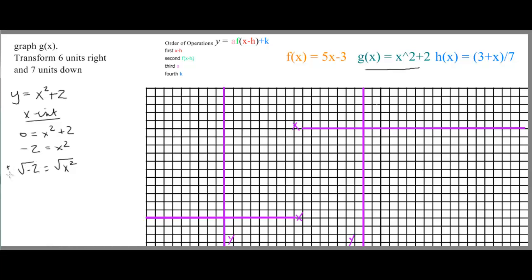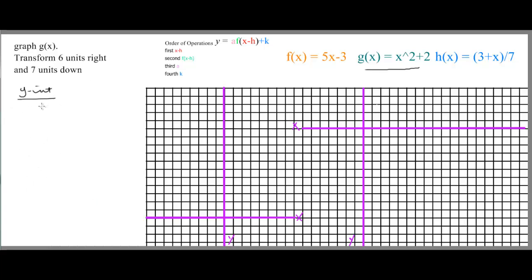Right there we know that we're not going to have any x-intercepts, because we have a negative here, so we're going to have imaginary numbers. Basically we have no x-intercepts. So that takes care of that. Let's work on our y-intercept.